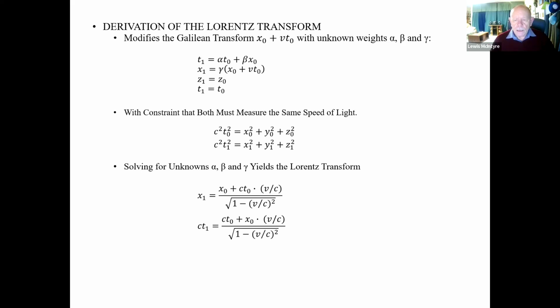Henrik Lorentz applied unknown weights alpha, beta, and gamma so that both reference frames will measure the same speed of light. Solving for these unknown weights yields, after some messy algebra, the Lorentz transform.